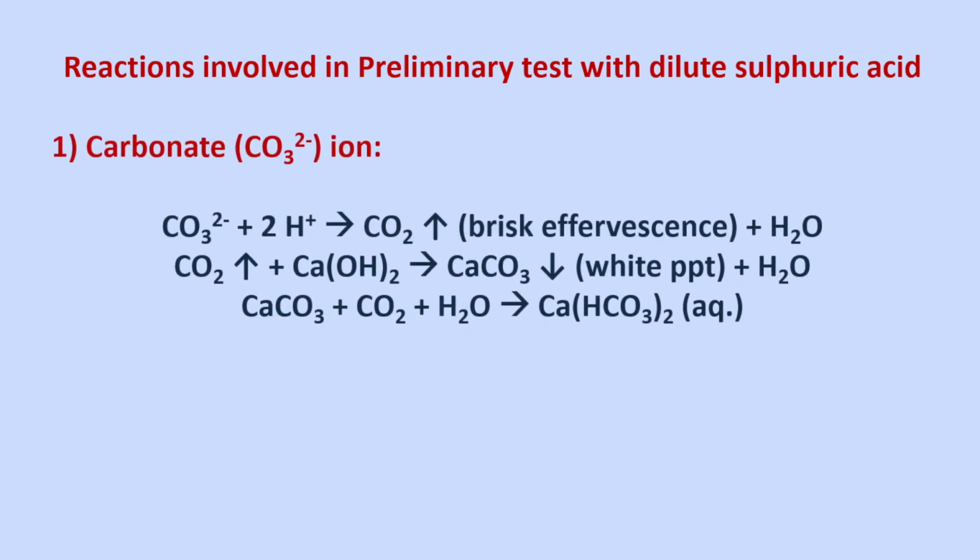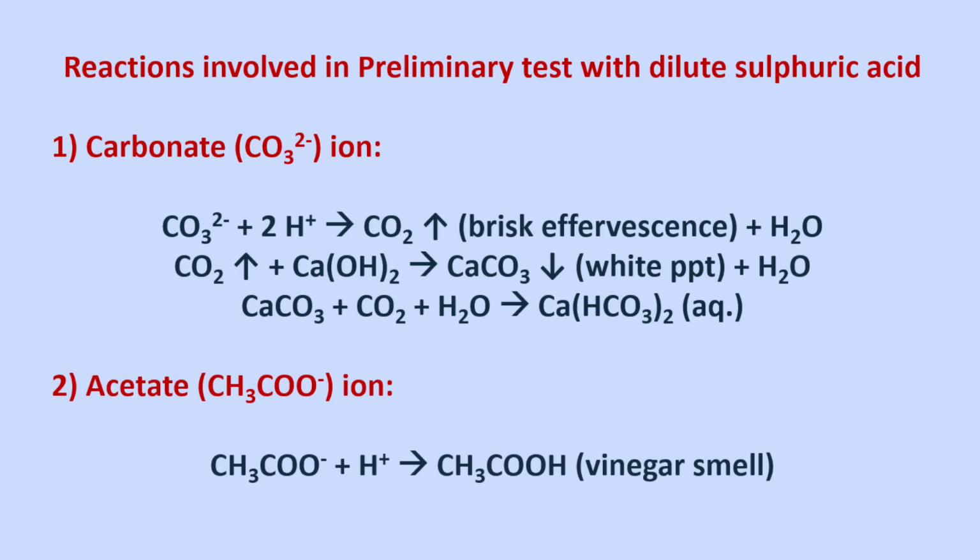The carbonate ions react with acid to give brisk effervescence of carbon dioxide gas, which later reacts with calcium hydroxide solution to form a white precipitate of calcium carbonate. However, if you continue passing carbon dioxide gas, the milkiness disappears due to the formation of soluble calcium bicarbonate.